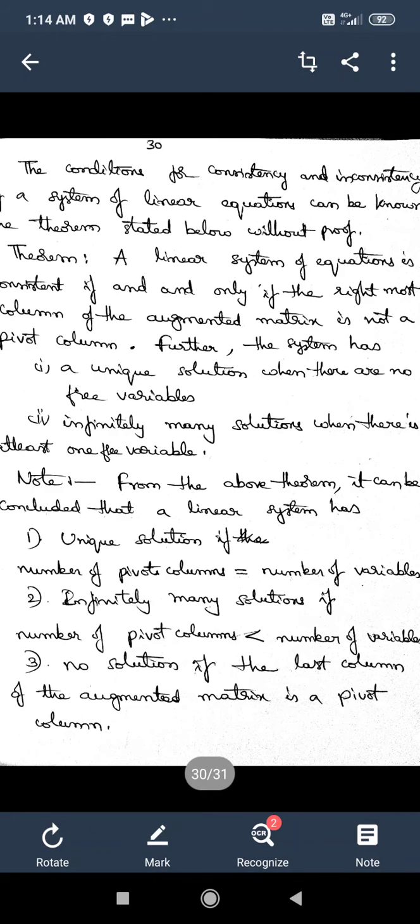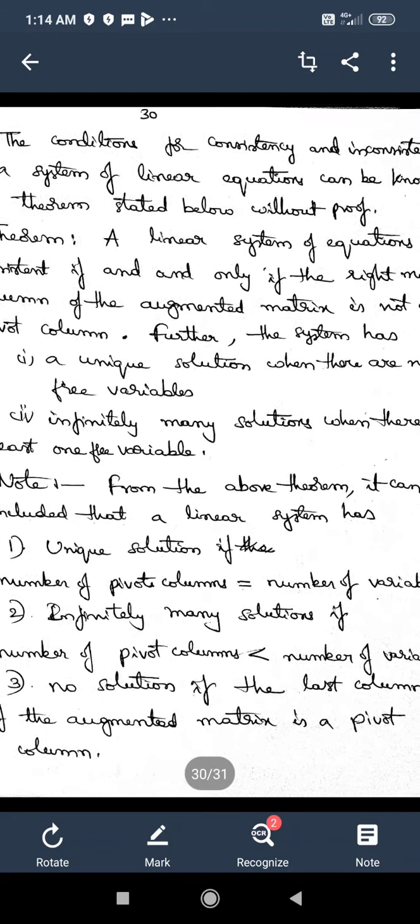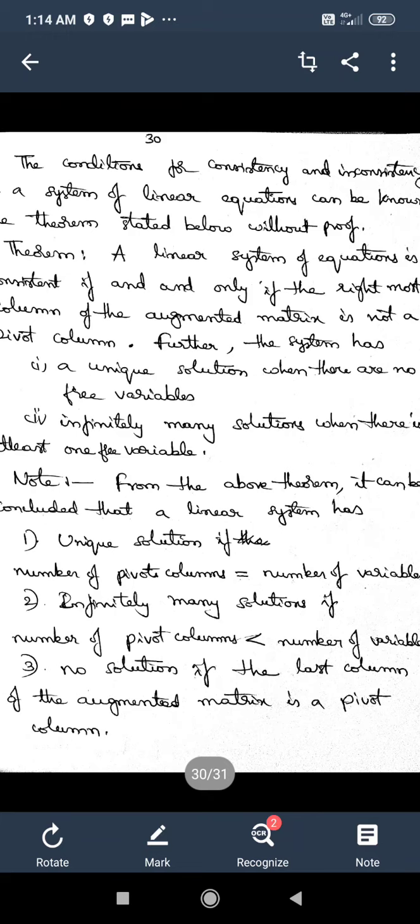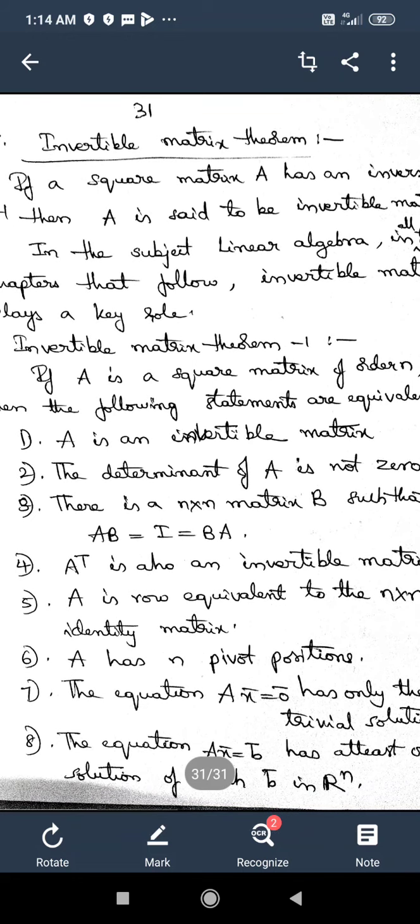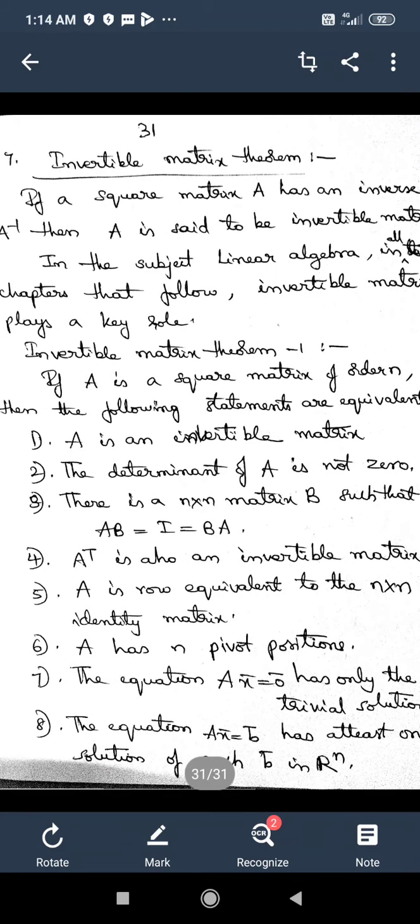And the system has no solution at all if the last column, the rightmost column, of the augmented matrix is a pivot column. If the last column is a pivot column, then the system is inconsistent and has no solution.